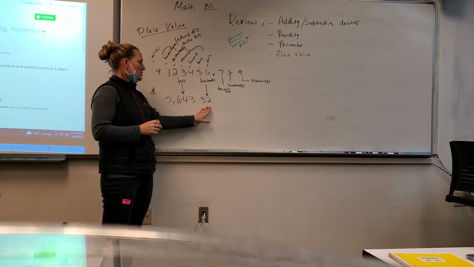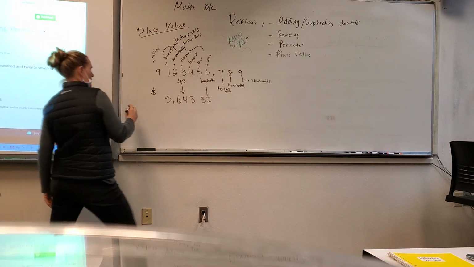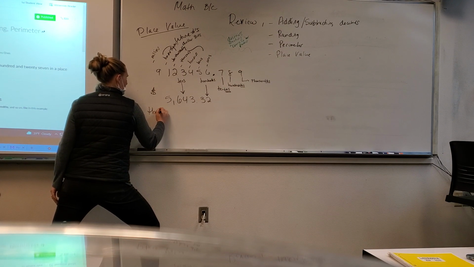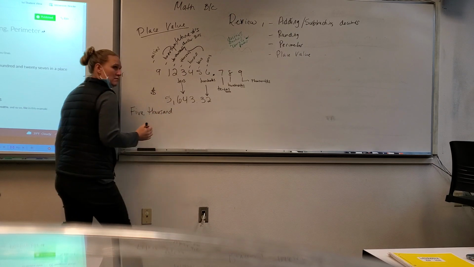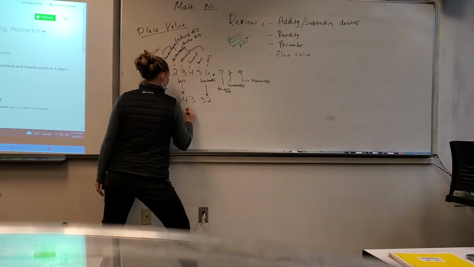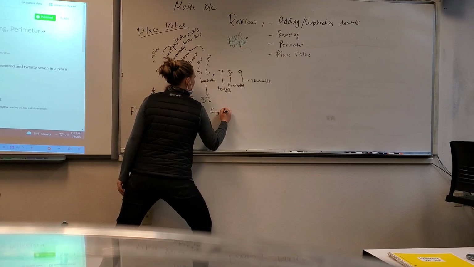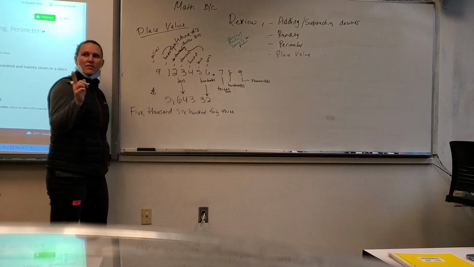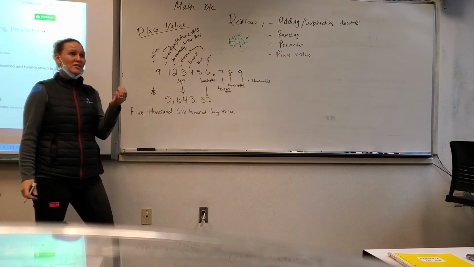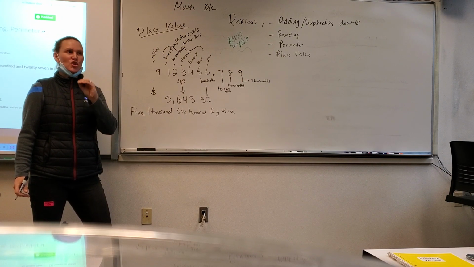Does anyone know how you would say this number? Like you would write it out? So the first one is 5,000. Then what do we have? 643. We wouldn't say, that's how we would say it, right? 5,643 dollars and 32 cents, but how we say it in math speech is 32 hundredths.